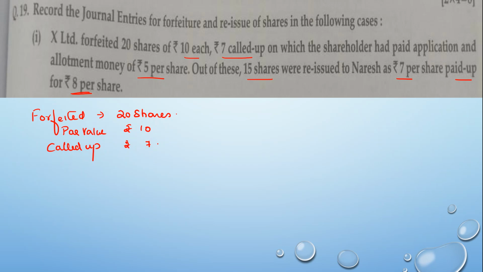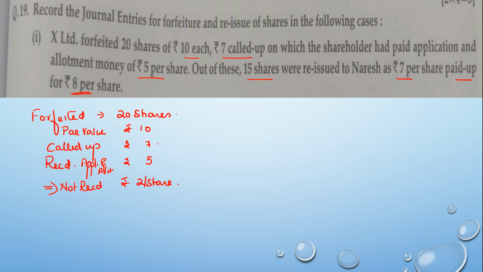And on which the shareholder had paid application, what has been received so far on these shares? Application and allotment money of Rs 5 has been received. Which means although the company has called up 7, only 5 has been received, which means 2 has not been received. So this implies not received is Rs 2 per share.